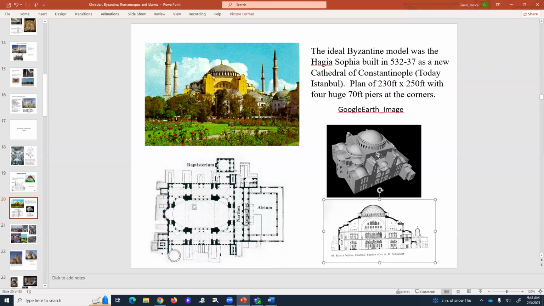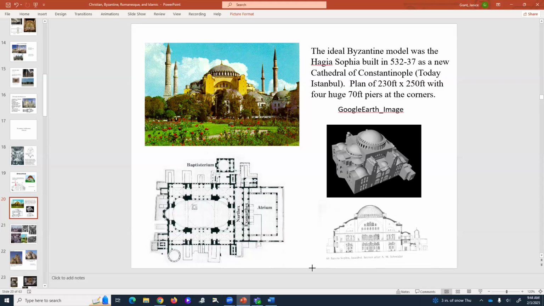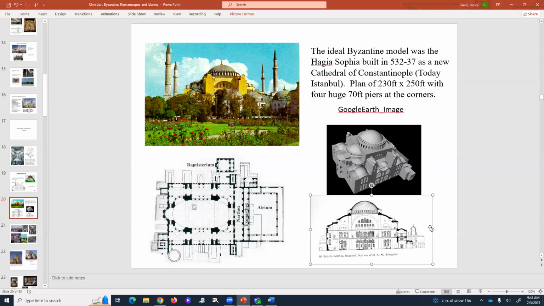And this is a 3D graphic of it, and a sketch to show you the weight of the domes going down into these piers. So the Hagia Sophia is the ideal Byzantine architecture.